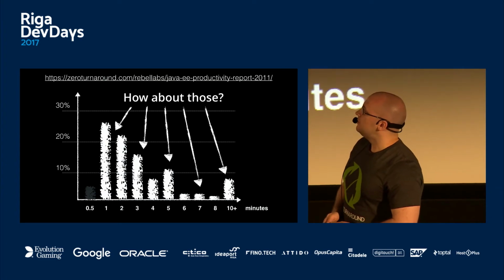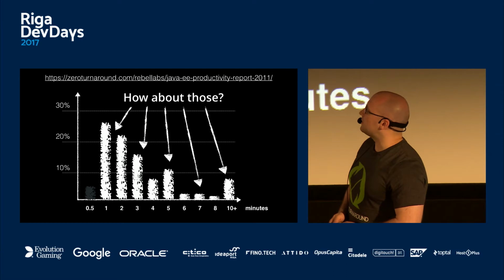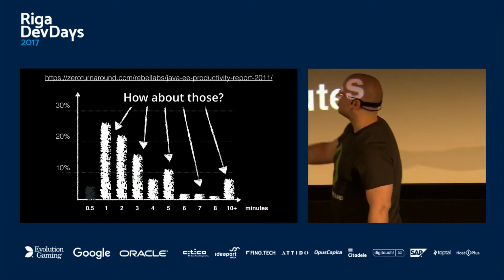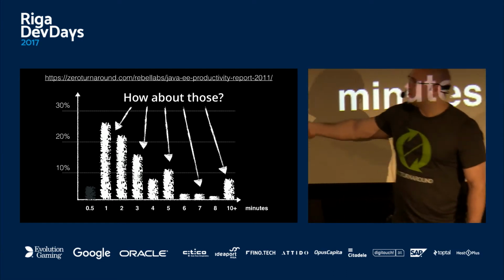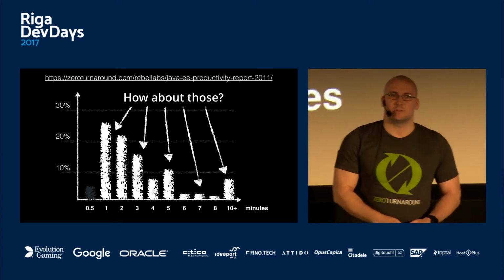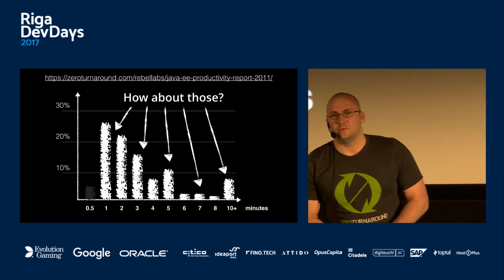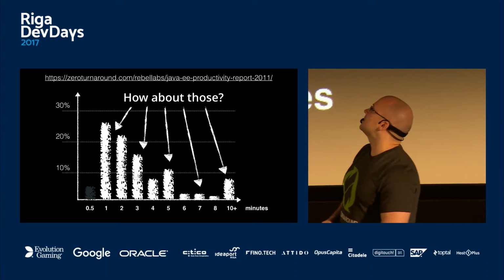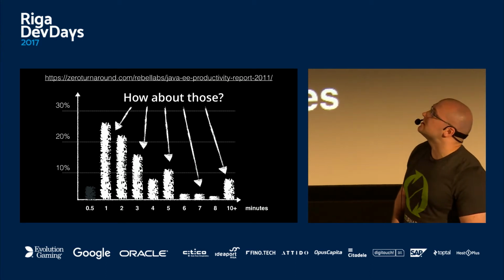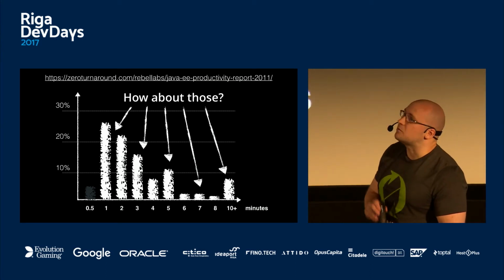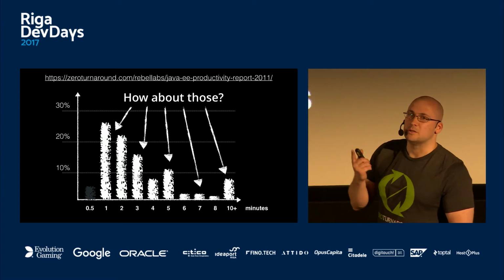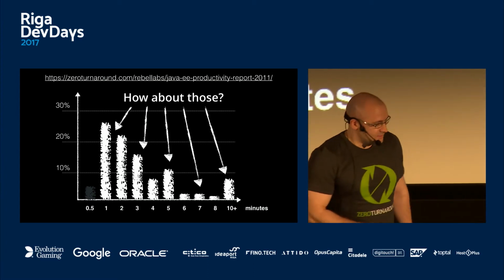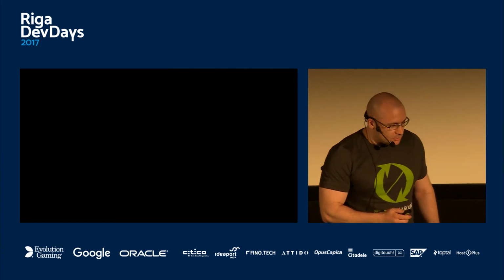The rest, well, maybe not that effective. And there is the tail, like 10 plus minutes. Actually, I have seen times like 30 minutes. So if you have a turnaround time of 30 minutes, it doesn't make sense to ask you how many times an hour you can do that. One, right? Simple math.